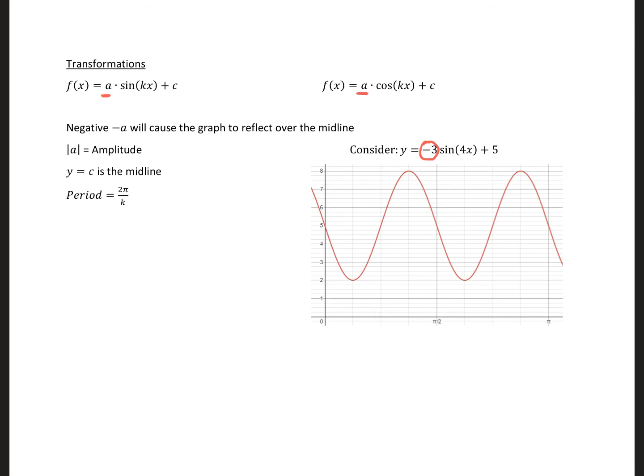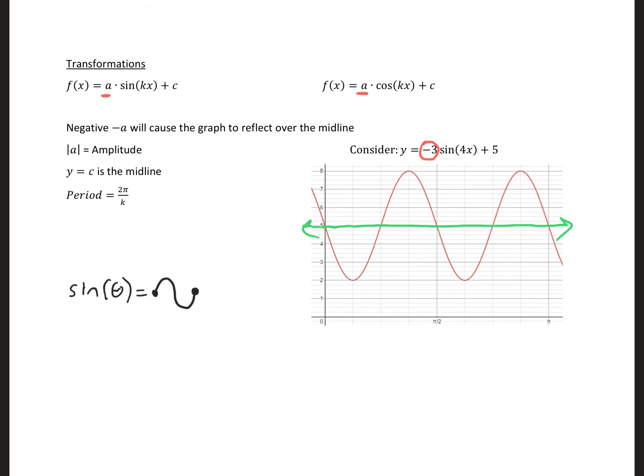Okay? Just to help us for some reference, I'm going to draw the midline on here. All right, so let's talk about what that -3 does. The first thing is, if that value is negative, it's going to cause a reflection. Remember previously, we said sine of theta would have a shape like this.